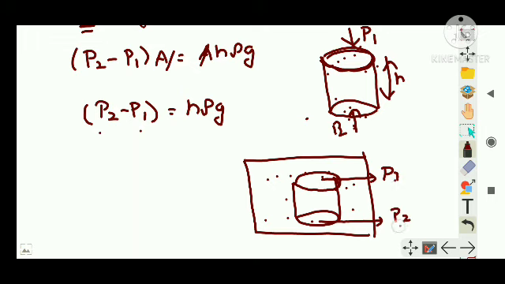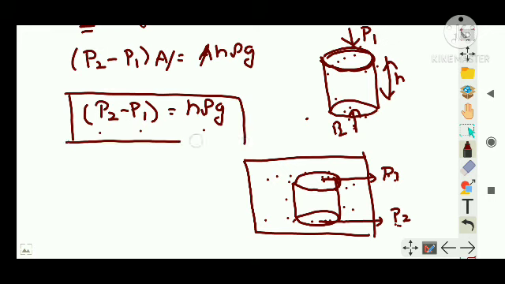Then the pressure difference between these two points is equal to h, the height difference between the two points, into the density of the liquid into g. That is the importance of this equation: the difference of pressure between two points separated by a depth h is P2 minus P1 is equal to h rho g, right?